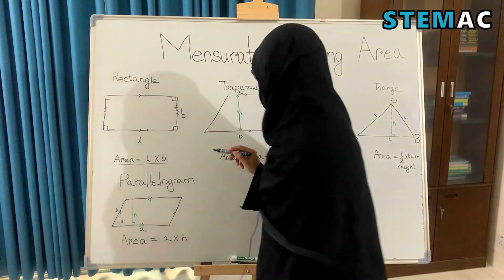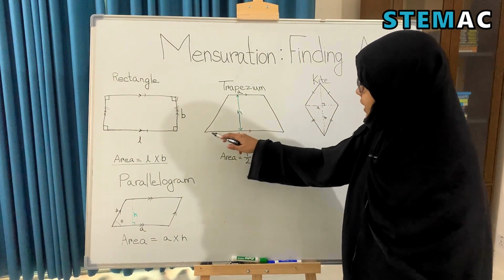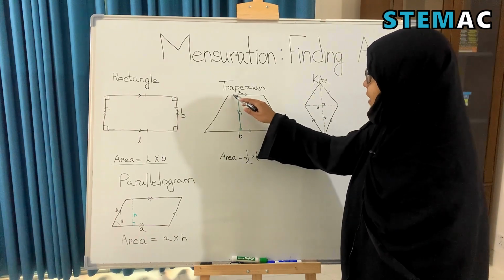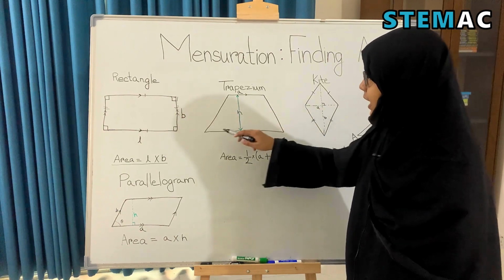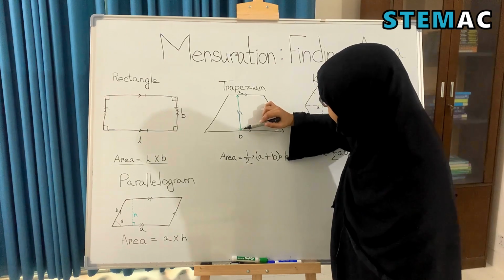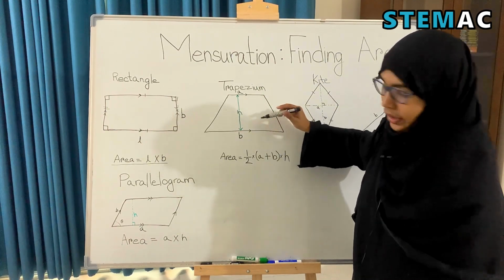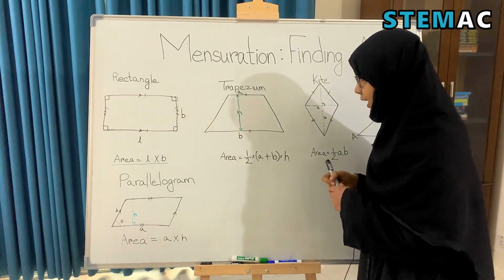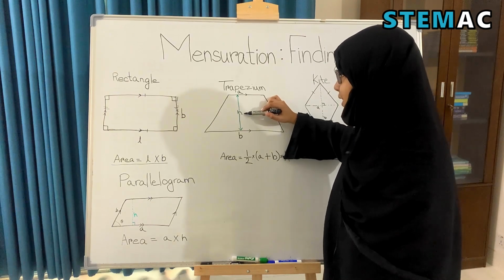Okay. So, I am saying that this side of the trapezium is B and this side is A. The length of this side is A and the length of this side is B. And H is the distance between these two opposite sides, also sometimes called height.